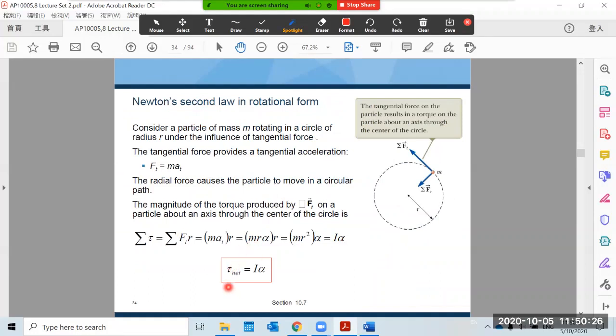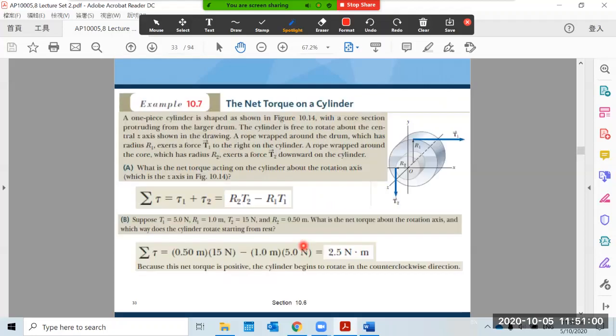So we have the equivalent of Newton's second law in the rotational form. The net torque generates an angular acceleration, and the size of the angular acceleration is dependent on the moment of inertia. So the linear form would be F equals ma. Here, the rotational form, torque equals I alpha. Once again, the torque is the net torque, just like the force is the net force.